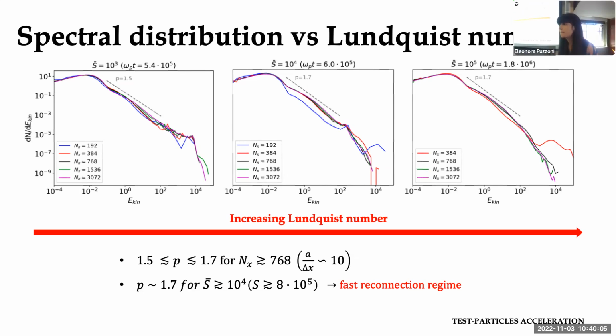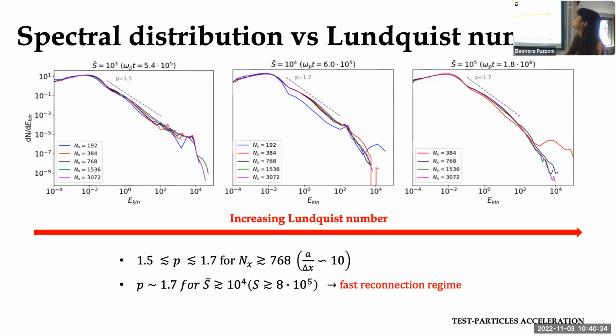In the Lundquist 10^5 case, the power index is 1.7. Actually, if you go to a higher Lundquist number, like 10^6 or 10^7, it's closer to the solar corona environment. How much is the power index then?